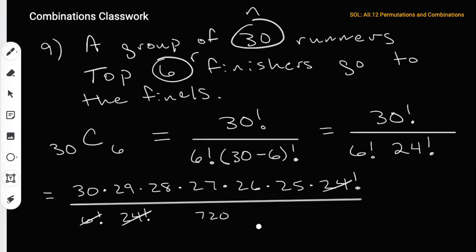And now I have all those numbers on the top. They're going to multiply to give me, using my calculator, so I stop at 25. That's going to give me a really big number of 427,518,000.